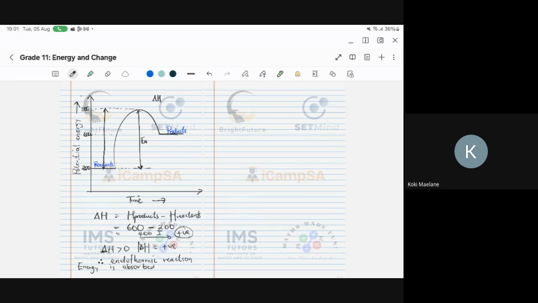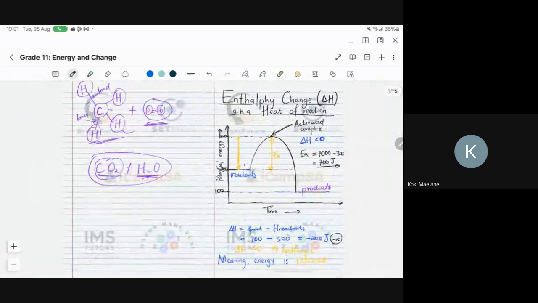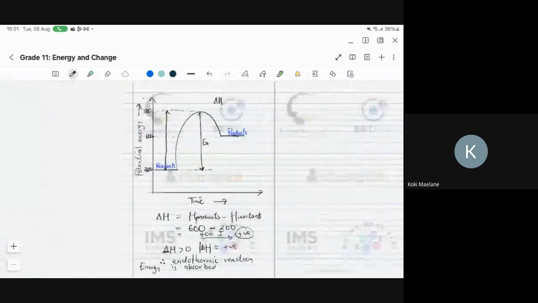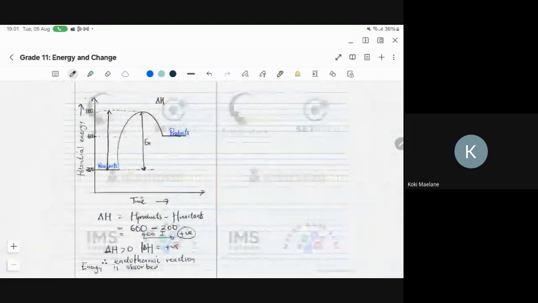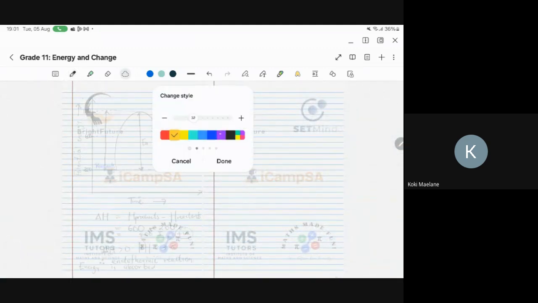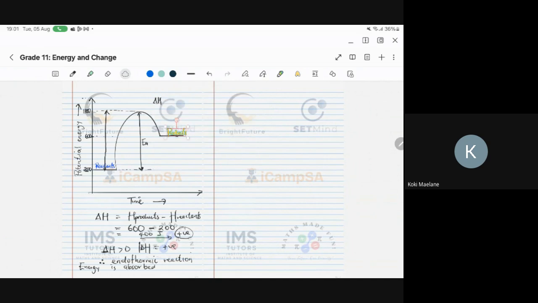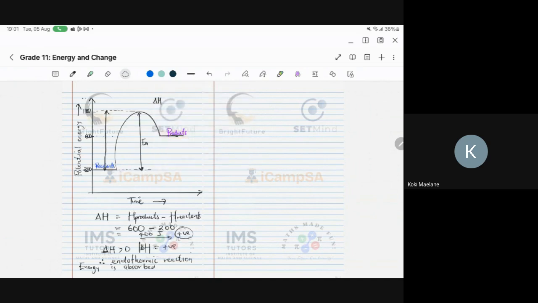Right. So let me color code it for you. I like color coding so that when you read these notes in your own time, you will be able to see what we were talking about. So those are your products.